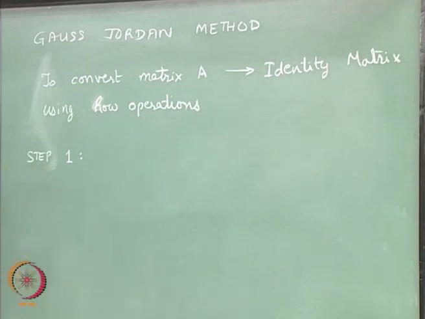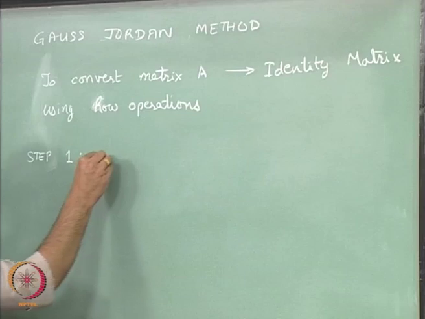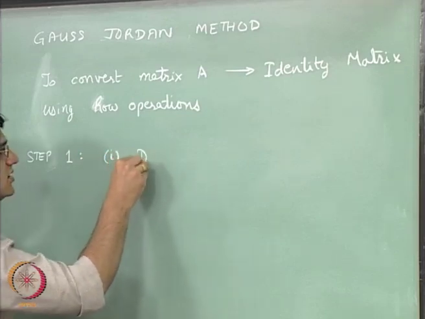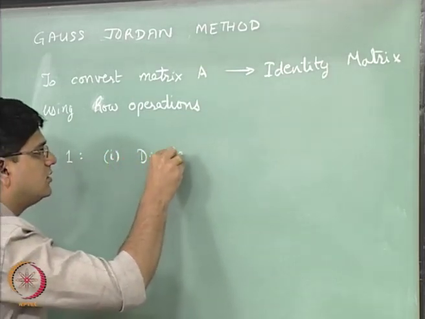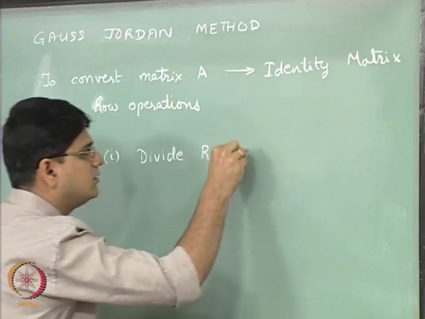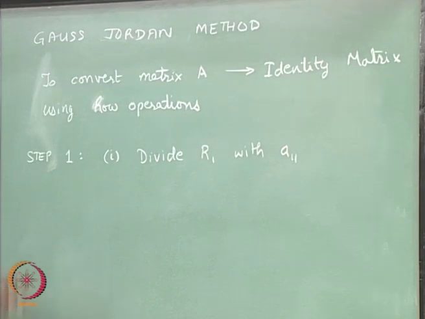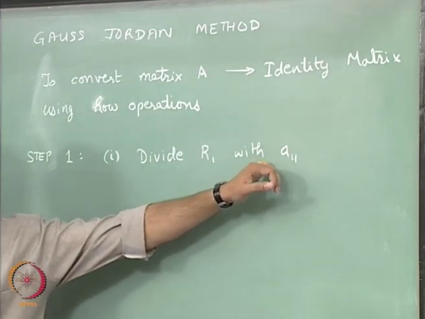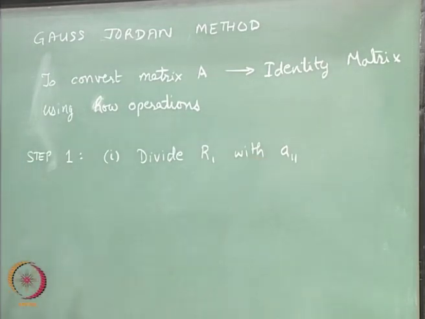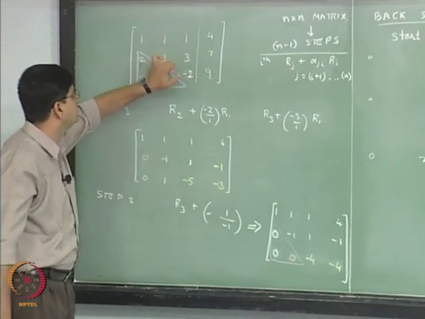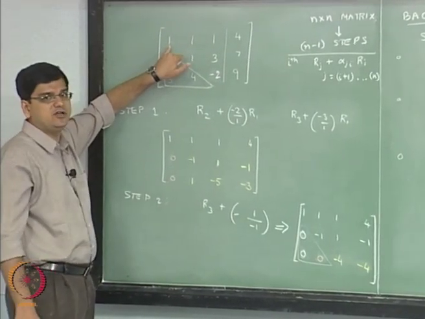Instead, in the Gauss-Jordan method, the first part of step 1 is to divide row 1 by A11, so that the A11 element becomes equal to 1. In this particular example, this entry was already equal to 1.